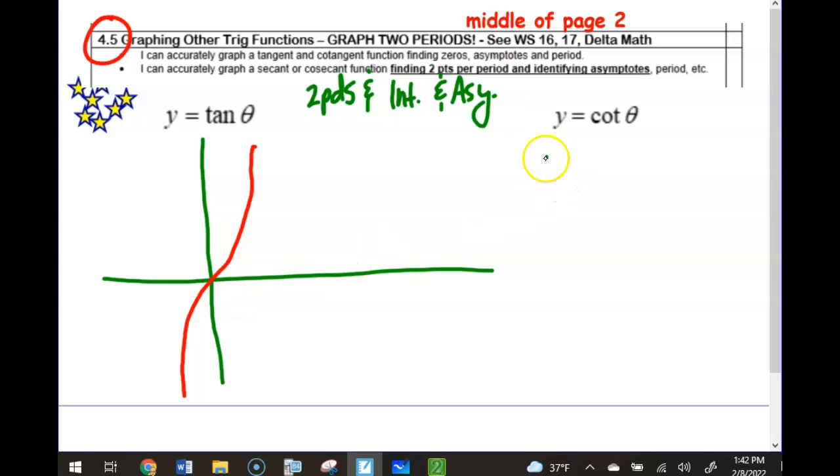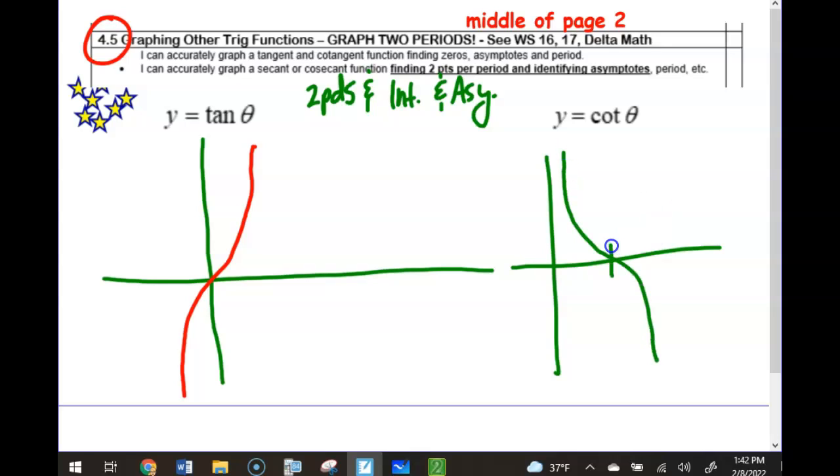The cotangent graph, this is back on the middle of page 2, by the way. If I had said to graph the cotangent, it does not go through 0, 0. Okay? That would be cotangent. Tangent goes through 0, 0. Where are the asymptotes?